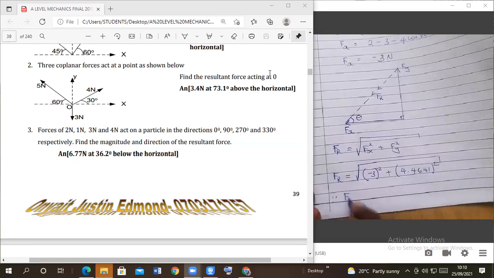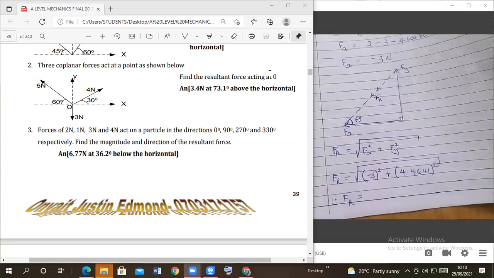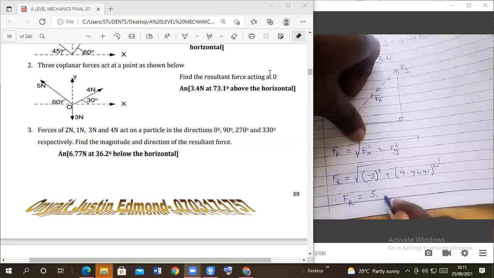Therefore, our Fr is equal to the square root of that. What do you get? 5.3785 Newton.